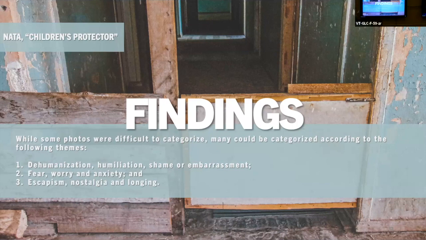These were typically places that represented danger in the sanatoriums: danger to self, danger to family or friends, loved ones. And then we had a broad sweeping category for all the photos where we were like, what's going on with these, right? Because they're not about fear and they're not about feeling humiliated. What are they? So we came up with the words escapism, nostalgia, and longing.